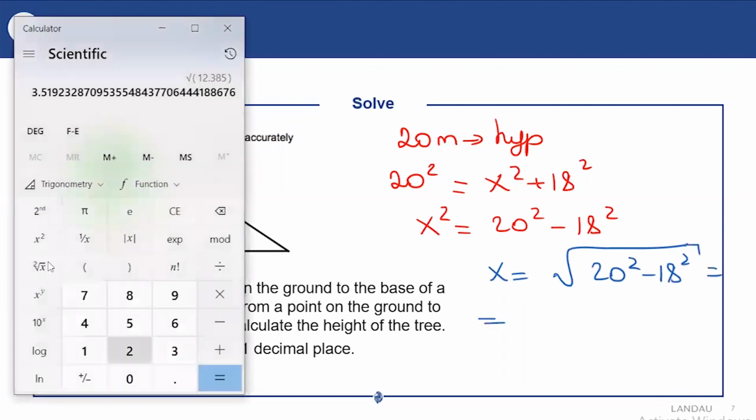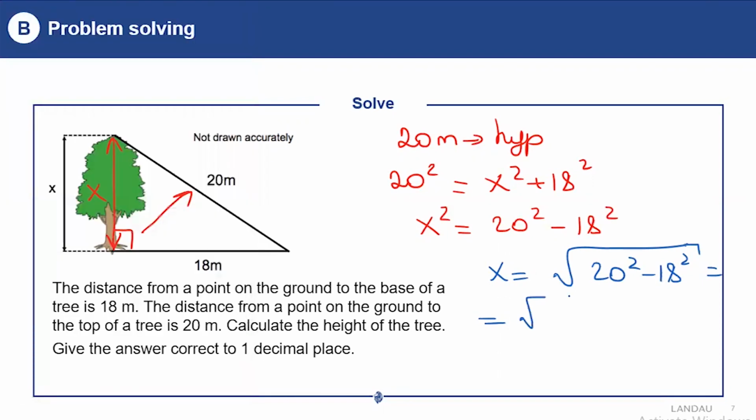Let's calculate it. 20 squared, which is 400, minus 18 multiplied by 18. So we will get 76. In other words, we will get the square root of 76. But it's not enough for our final answer because it says give the answer correct to 1 dp.